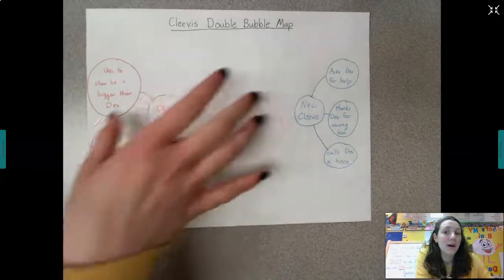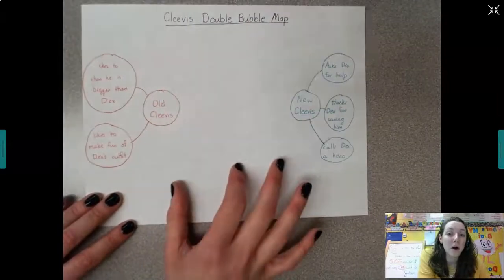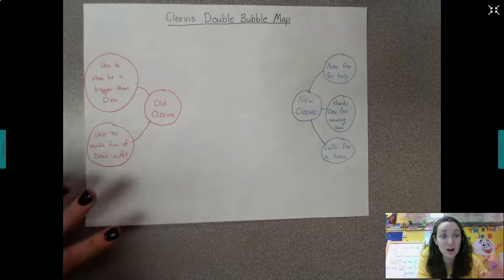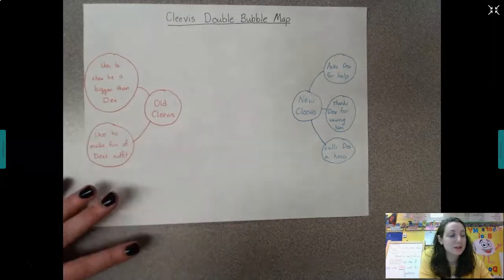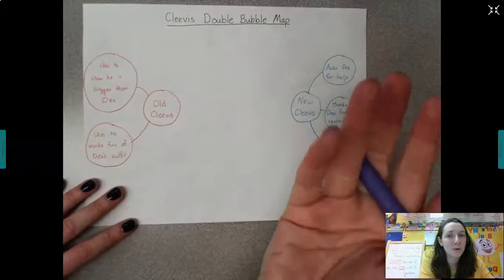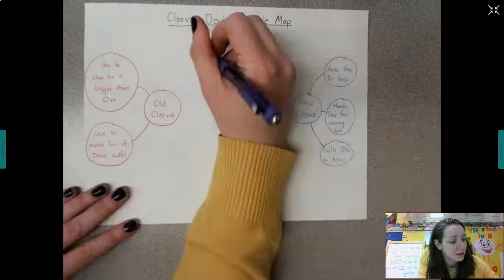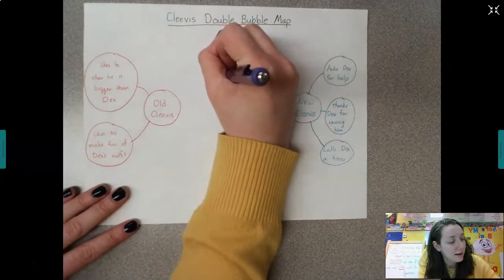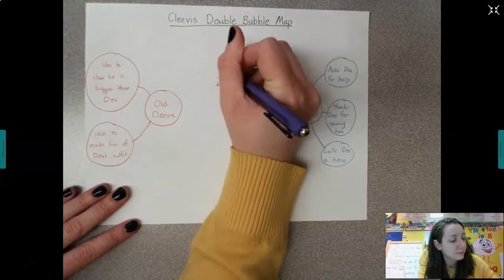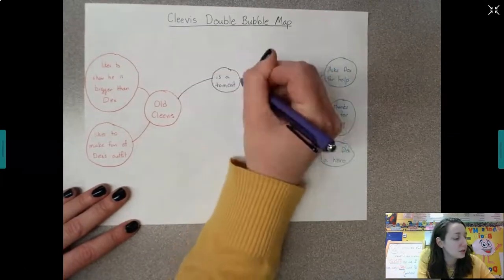Now, this is Clevis at the beginning of the story and Clevis at the end of the story. Let's talk about what they have in common. Okay, now obviously this is the same person, or animal, same character. So some things are going to be pretty obvious. So both old Clevis and new Clevis are both tomcats, right? He didn't change form. He's not a different animal now. So they are both a tomcat. So the kind of animal he was did not change.